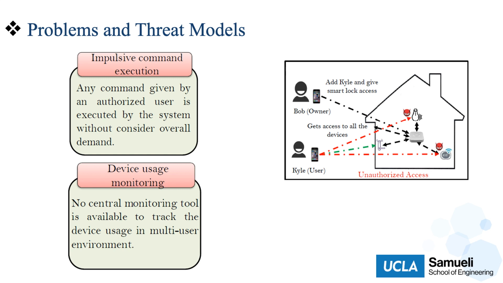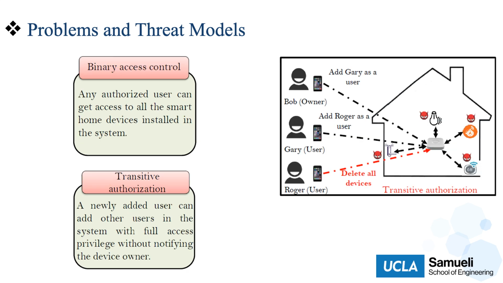So how do we prioritize the different users, what are their priorities, and who can set what priority for the system? And then how can we monitor the devices? If there is no central monitoring tool, then we cannot control a multi-user environment to adapt it to different users.